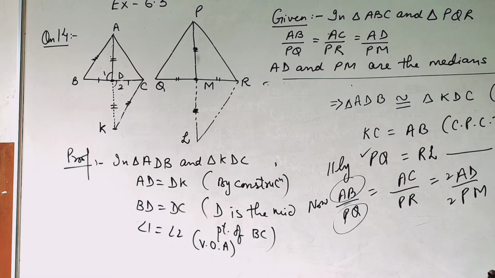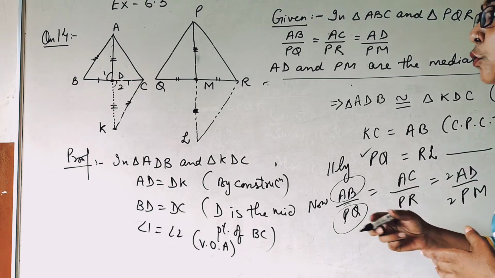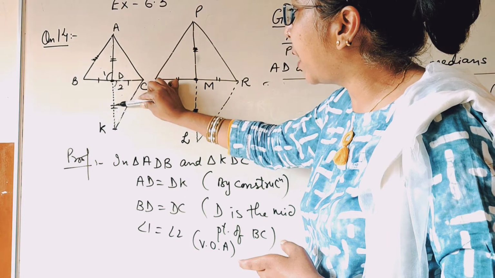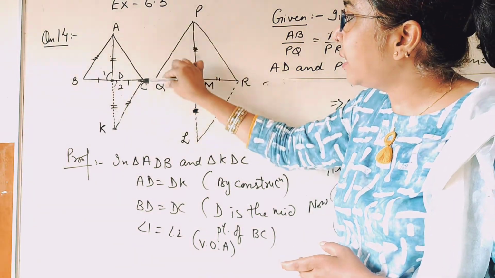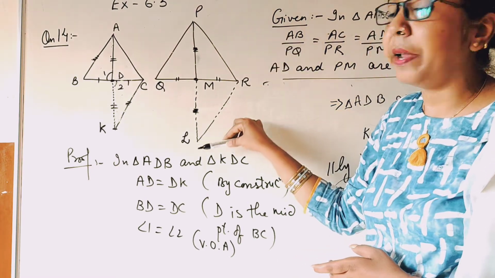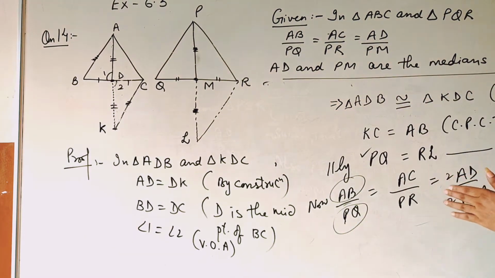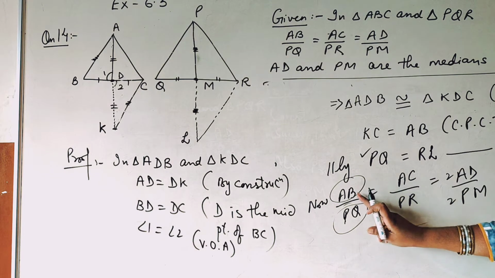Why am I doing this? Actually, I want to make these two triangles similar. Which ones? ACK and PRL. And this can be done by this. How? Let's see.